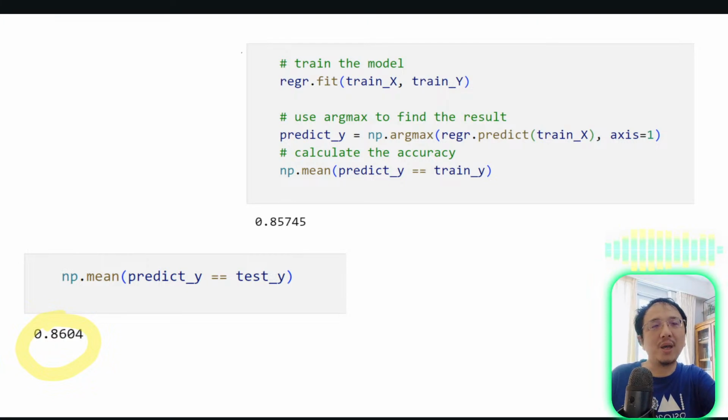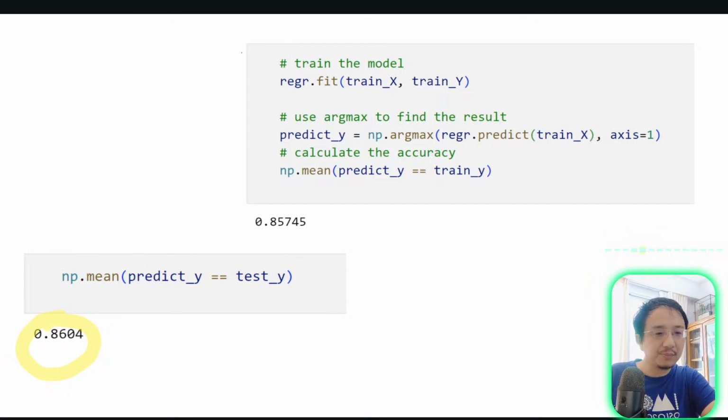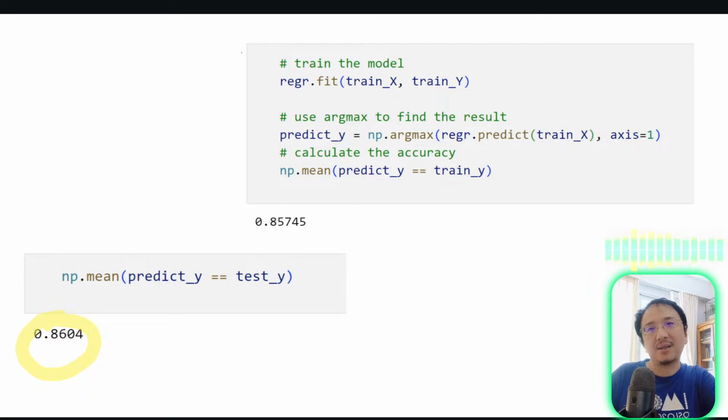We're now doing it in a more correct way, to give it a fairer evaluation. But you can see that it doesn't perform that well. It is reasonably good, 86%, but it is still far behind the nearest neighbor.